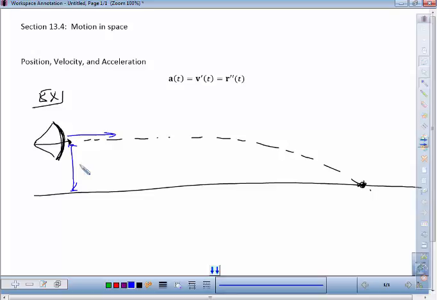This is a meter. What are we looking at? 1.5? Let's do meters. Okay.